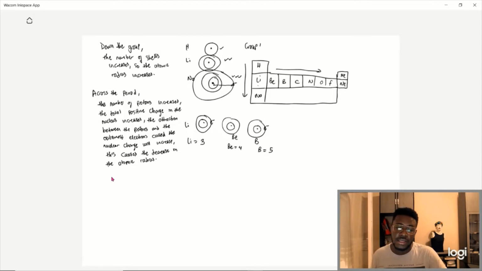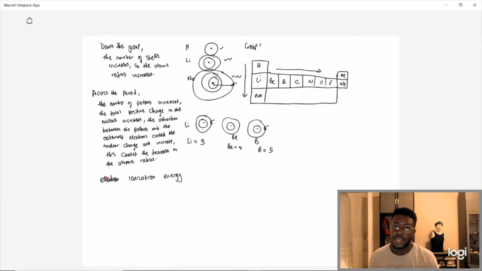Okay, so the next chemical property that we are going to talk about is the ionization energy. What is ionization energy?